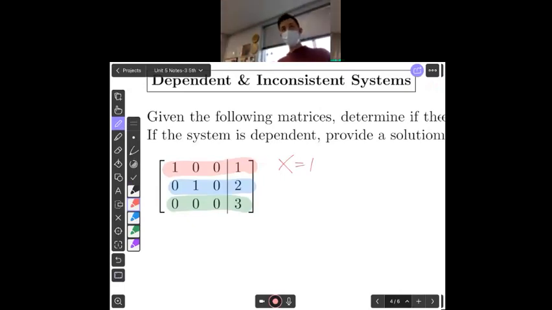In the second row, no x's, no z's, just 1 y, and that's 2. So we know x and we know y. Then we go to the third row, and it's 0 x's and 0 y's and 0 z's, which is 0. 0 equals 3, which is, of course, not true, right? And so this would be a no solution system.